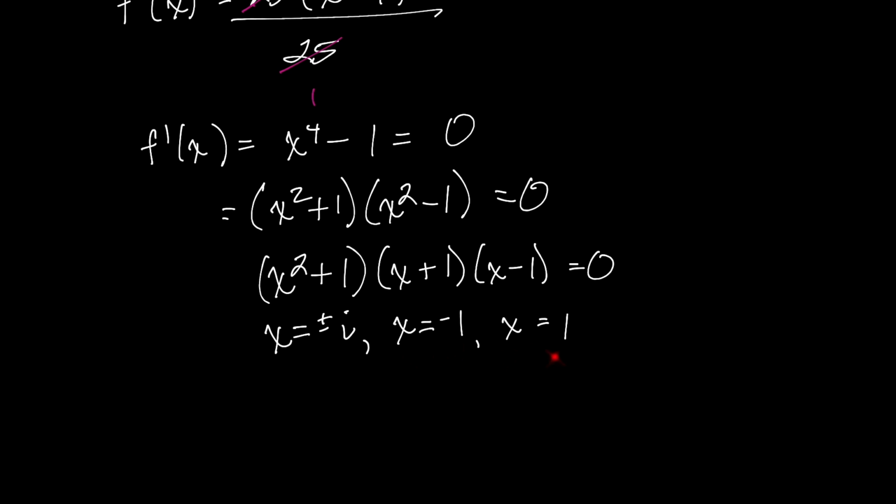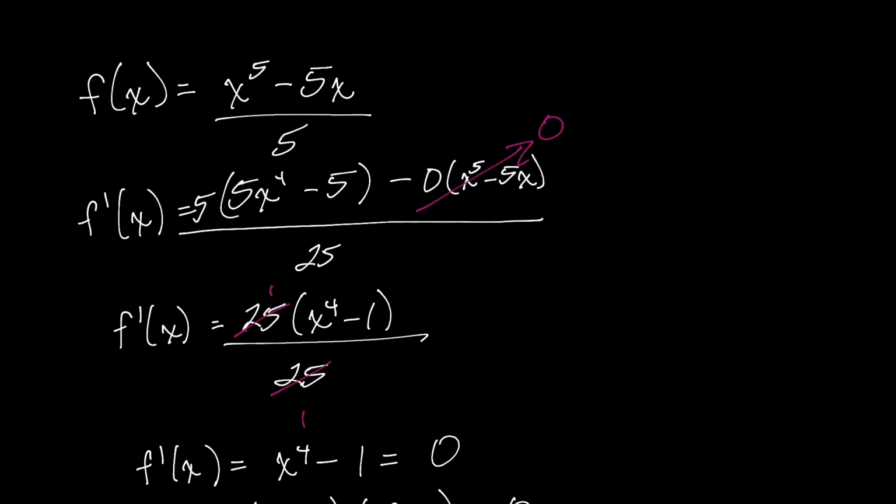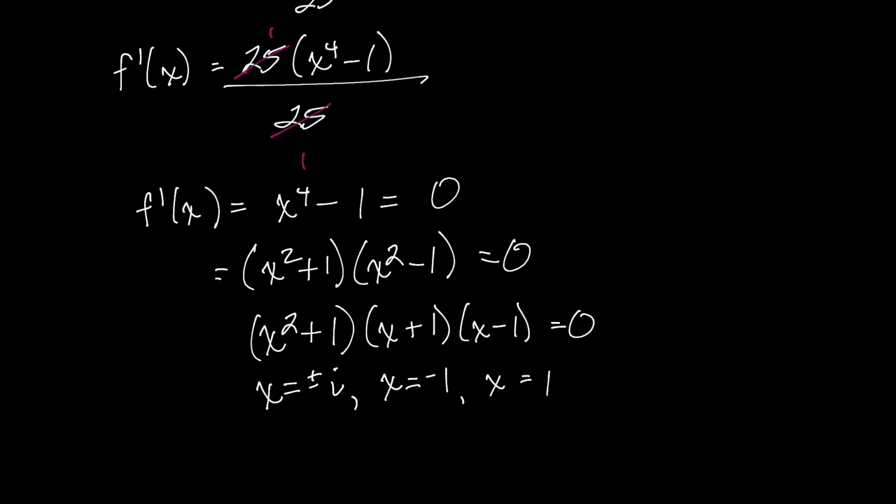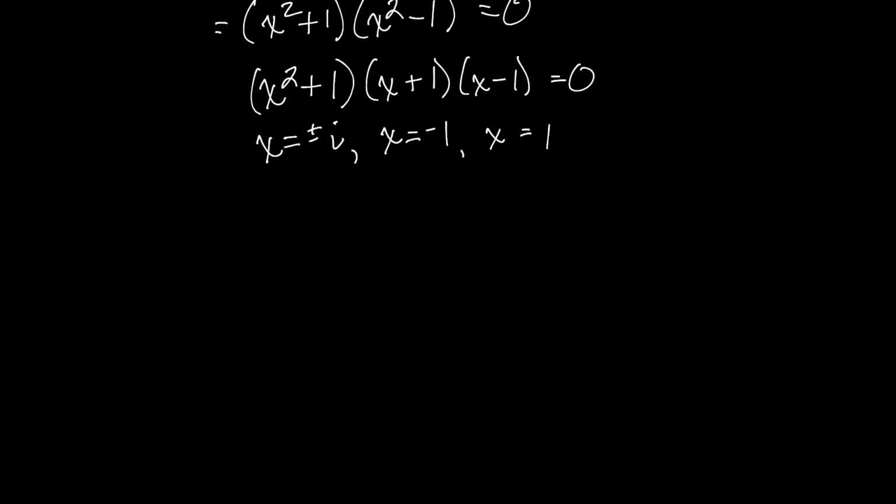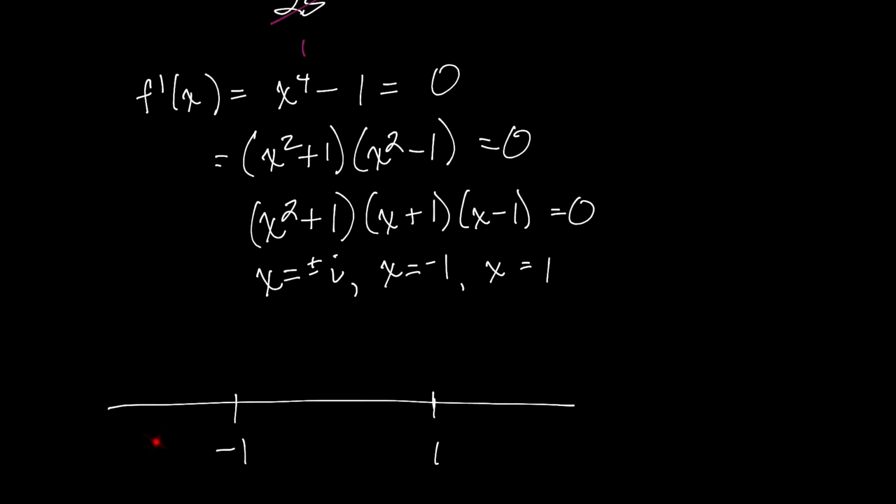So something is going on at negative 1 and positive 1 of this original function up here, x to the 5th minus 5x all over 5. To find where we're increasing and decreasing, somewhere along the line here, I have a 1 and a negative 1. So I have to pick my favorite number less than negative 1. That could be maybe a negative 2.